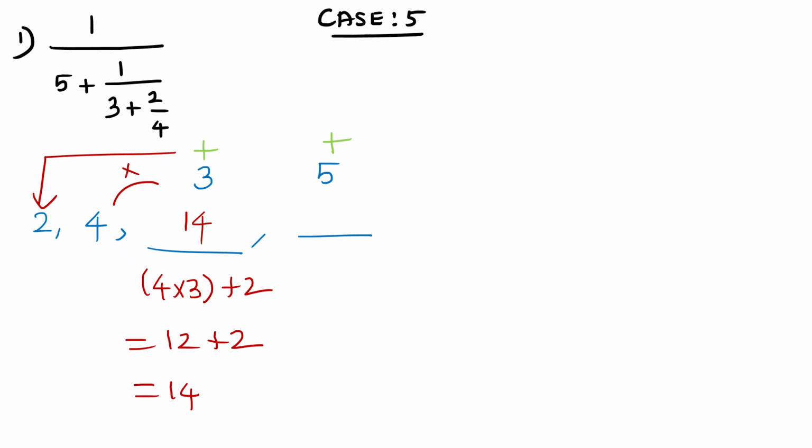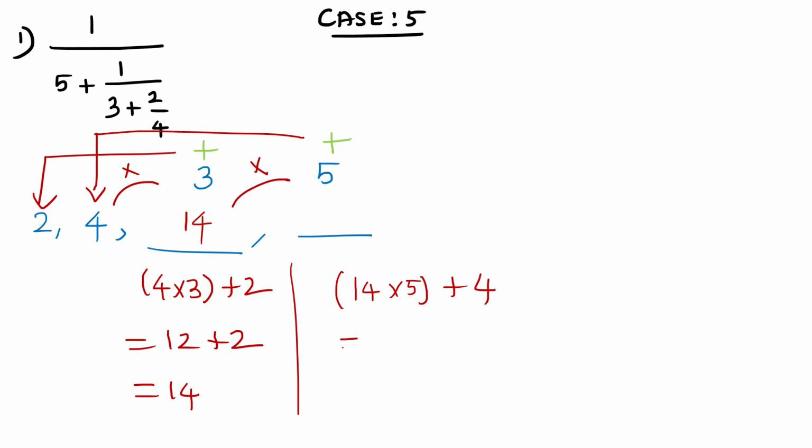Similarly, now I'm going to do the same calculation over here. Now this 14 into 5, then I'm going to add it with the previous number, that is 4. It is 14 into 5 plus 4, that is 70 plus 4. I'm going to get 74. That will be over the second blank.